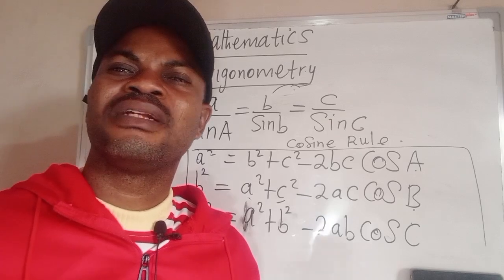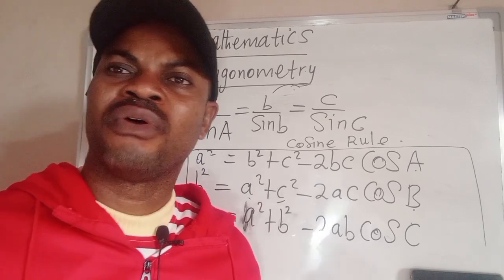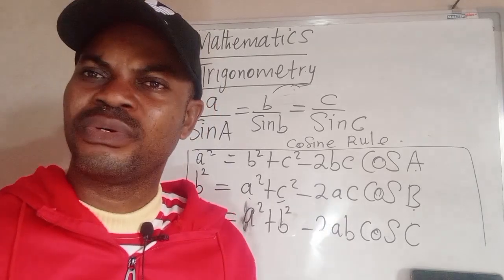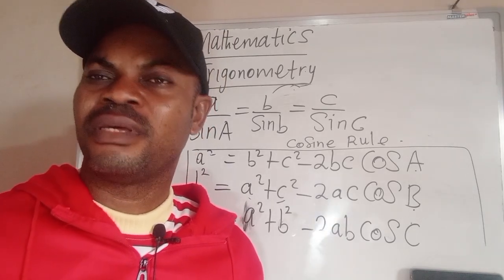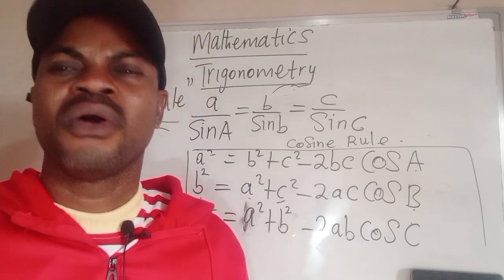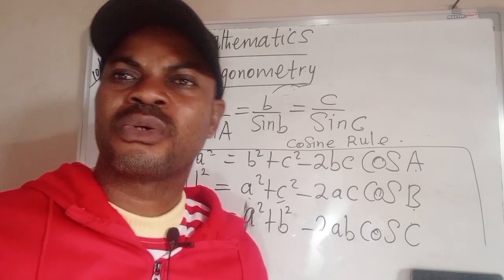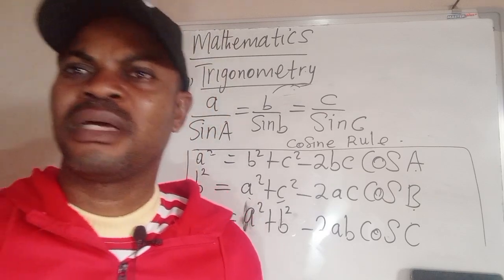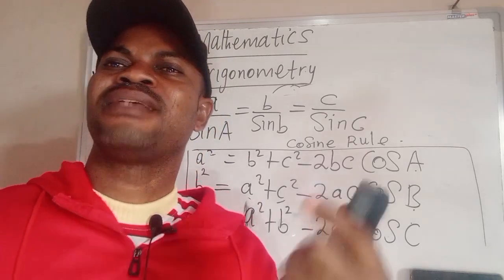And all acute and obtuse triangles can be resolved using either the sine rule, which is A all over sine A equal to B all over sine B equal to C all over sine C, or the cosine rule, talking about A squared equals B squared plus C squared minus 2BC cos A.